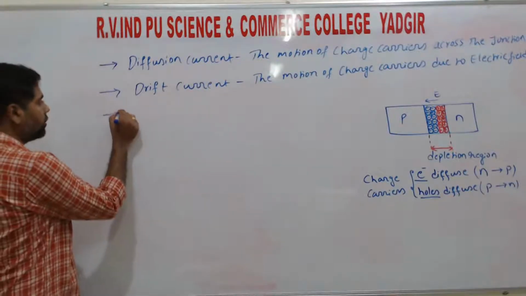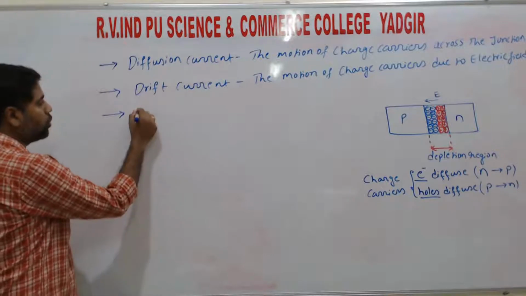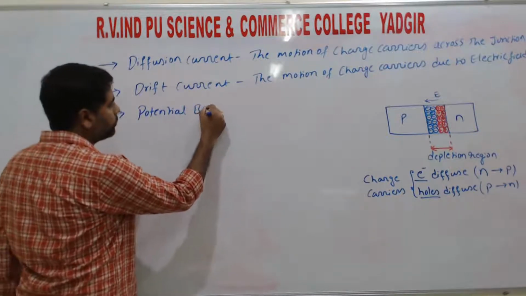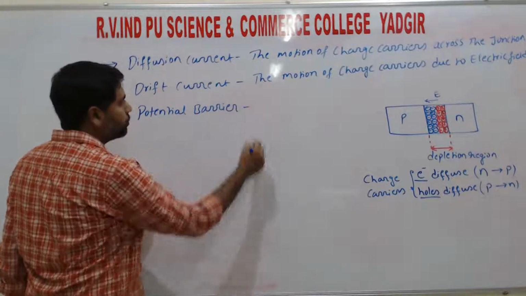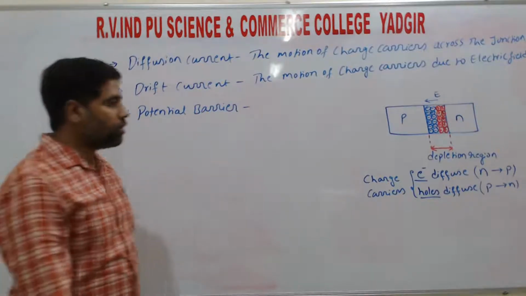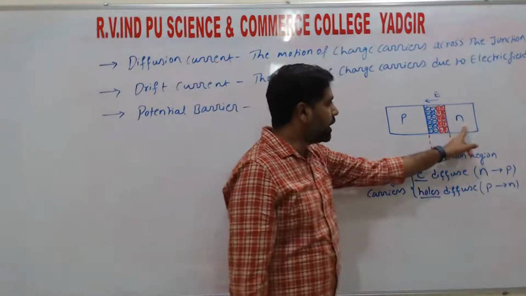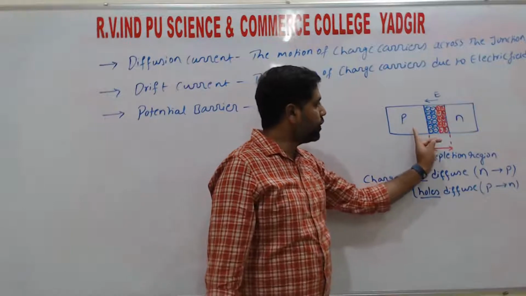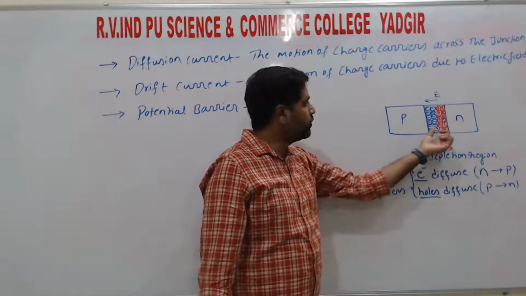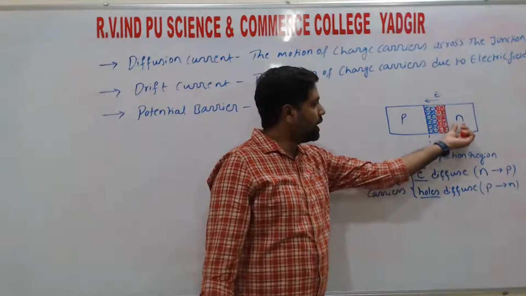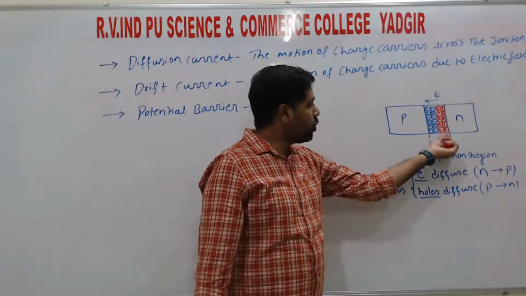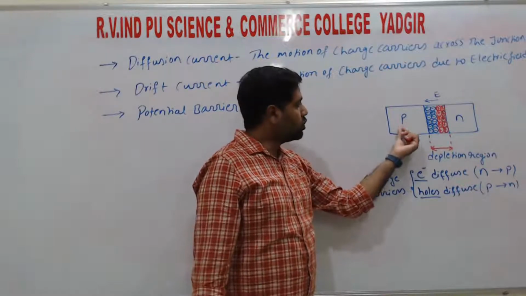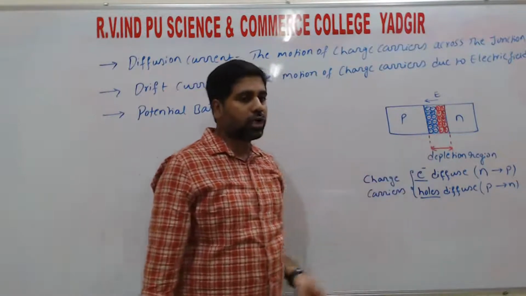Along with that we have the potential barrier. Due to the diffusion of the electrons from N type to P type and the diffusion of the holes from P type to N type, the N side is left positively charged, and as holes diffuse, the P side is left negatively charged.